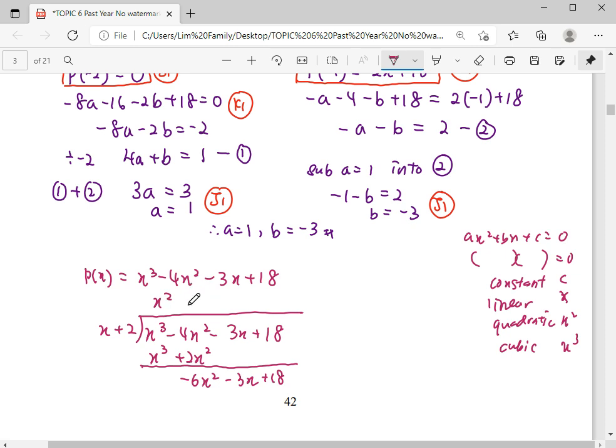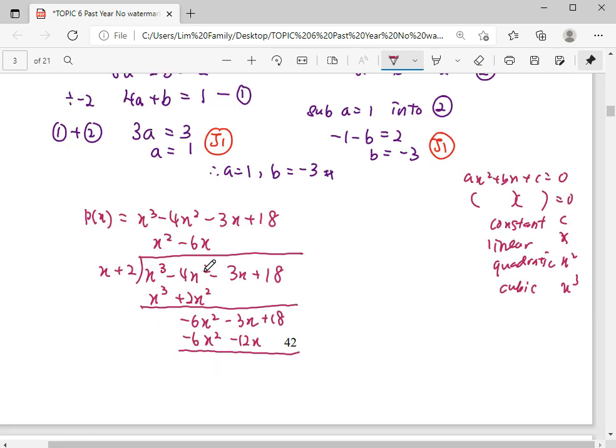Okay, what's the multiplier we need to put here? We see negative 6 divided by 1, so we need a negative 6 here. How about x? x squared divided by x, we need an x here, so that when we expand back, negative 6 times 1, we get negative 6, x times x, we get x squared. And then don't forget the terms beside here: negative 6 with 2, negative 12x.